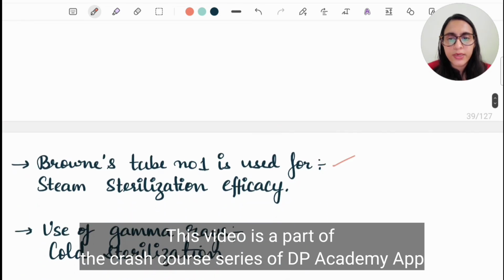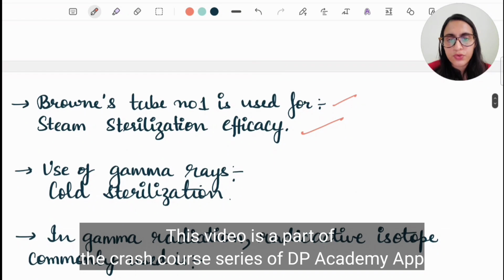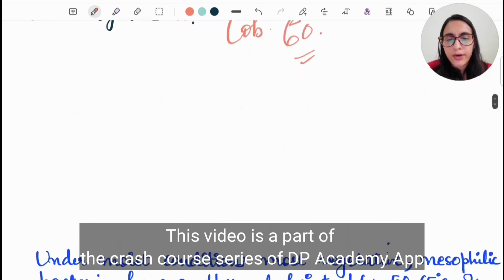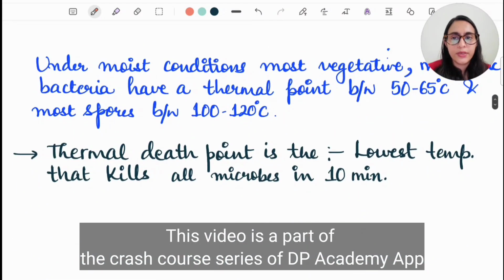Now, Browne's tube number 1 is used for steam sterilization efficacy, and the use of gamma rays is cold sterilization. In gamma radiation, the radioactive isotope used is cobalt 60. Thermal death point is the lowest temperature that kills all the microorganisms in 10 minutes.